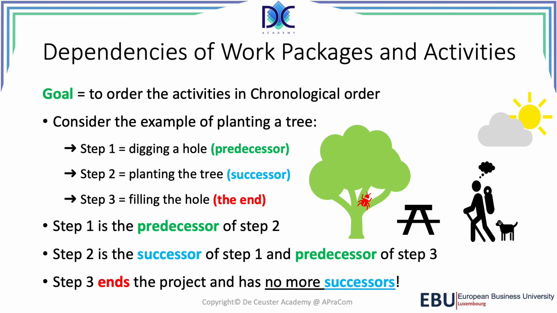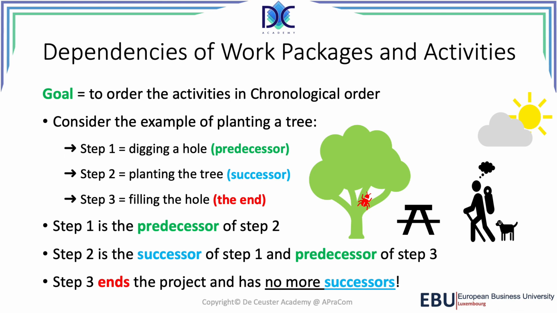Step 1 has no predecessor, so it means that we can start the project with step 1. There is nothing before. There can be more than one step to start a project with. On the other hand, step 3 has no more successors. That's basically where the project ends.